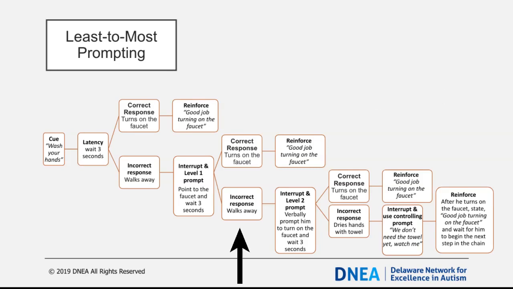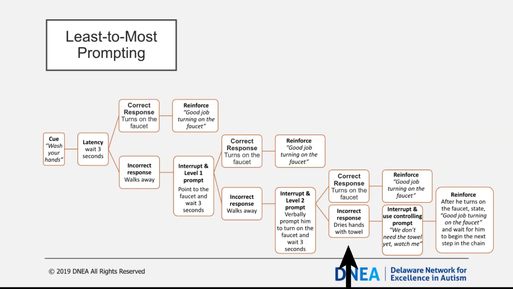If the individual responds incorrectly, or if no response is given, you should interrupt them again and deliver level 2 of prompting. This will be a more intrusive prompt that is more likely to get a correct response. Again, wait the latency. If the individual responds correctly to level 2 of prompting, reinforce the individual, state what they did correctly, and record the prompt and a plus sign on your data sheet.